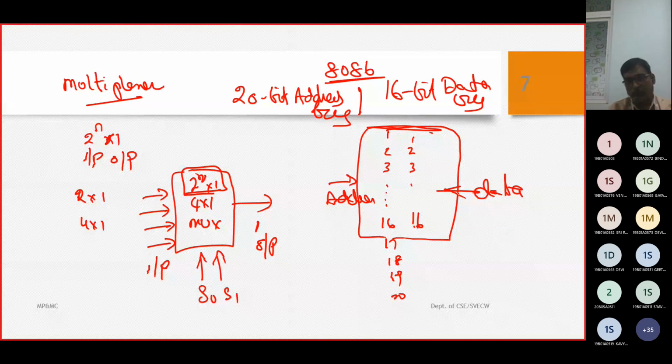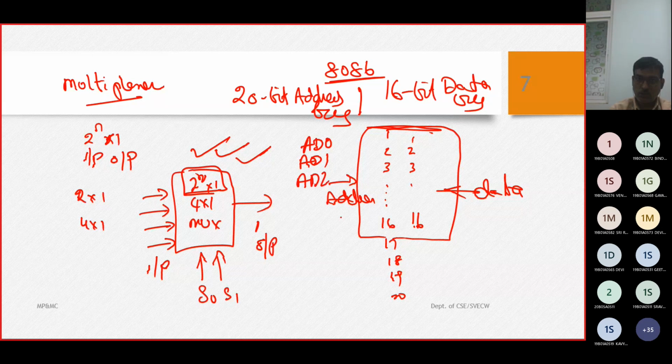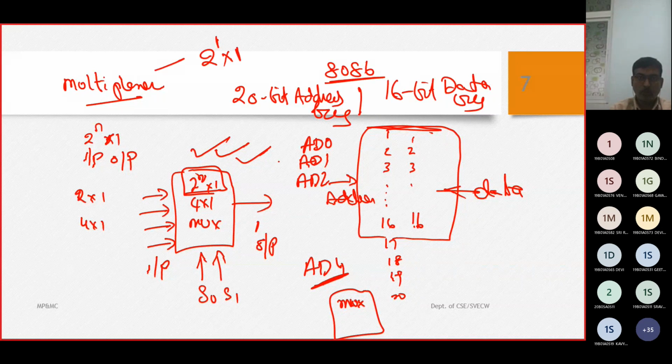So at that time they used the concept of a multiplexer. It is telling AD0, AD1, AD2. If I say AD4, what does AD4 mean here? I am going to have a multiplexer of 2 power 1 into 1.